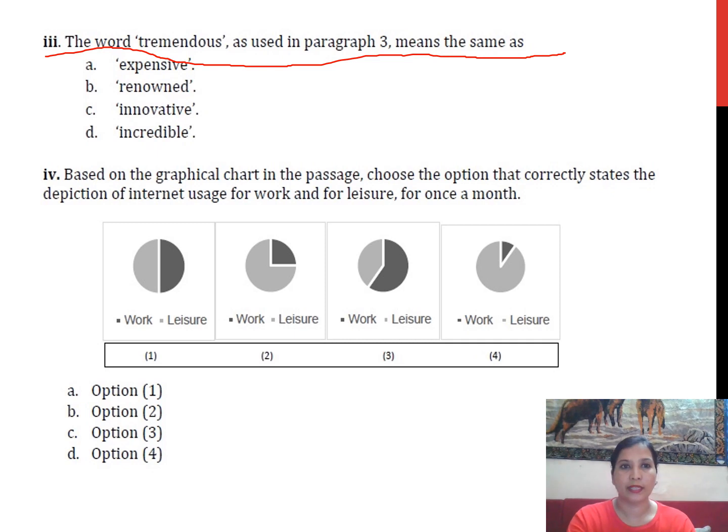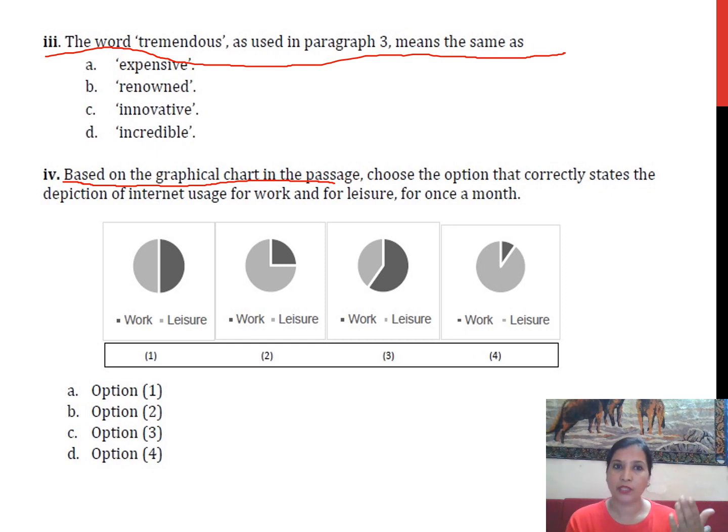The next question is like, here you can see on the screen, this one I'm talking about. Based on the graphical chart in the passage, choose the option that correctly states the depiction of internet usage for work and for leisure for once a month.